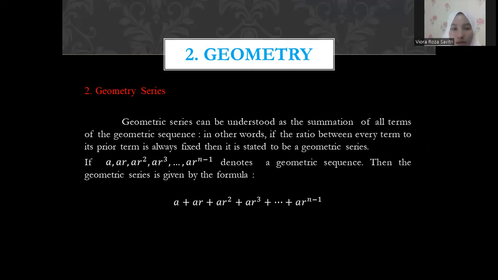If a, ar, ar squared, ar cubed, until ar to the power of n minus 1 denotes a geometric sequence, then the geometric series is given by the formula a plus ar plus ar squared plus ar cubed plus until plus ar to the power of n minus 1.